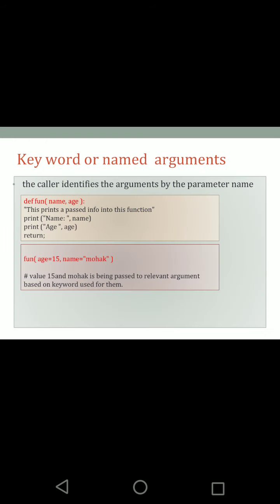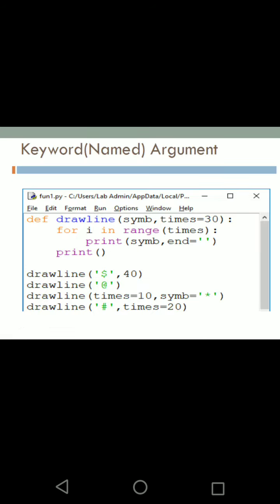So you can see as an example, you have a function with name and age, and it is called with age first and name second. Here order doesn't matter. Why? Because we are explicitly giving the name of the parameter. It is not based on the position. It's just based on the name that we are giving.